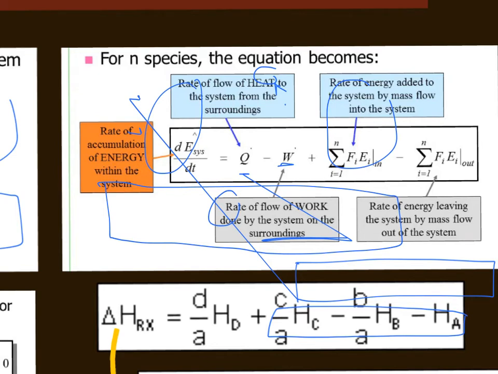Fi times Ei in is the rate of energy added to the system by mass flow into the system. And Fi Ei out is the rate of energy leaving the system by mass flow out of the system. So this is the rate of accumulation of energy within the system.